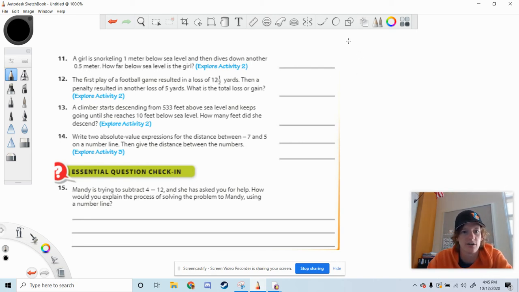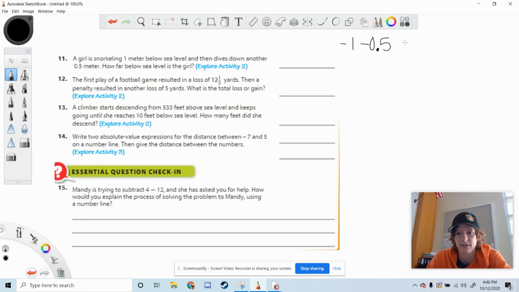So where does she start? She starts at -1 meter. Then she goes down, so I'm going to subtract 0.5. So I have -1 counters, and I have negative a half of a counter.